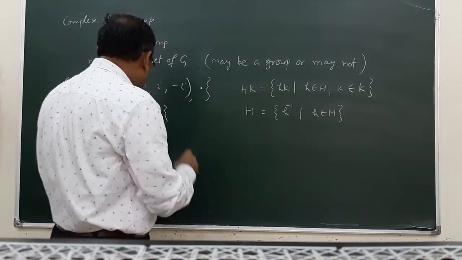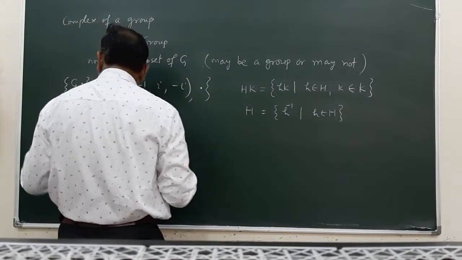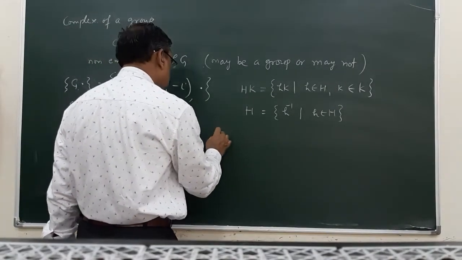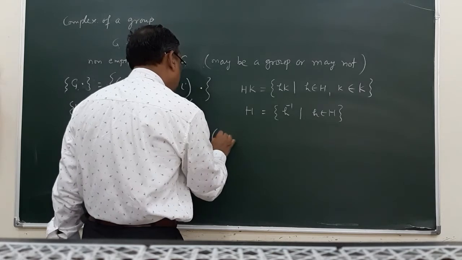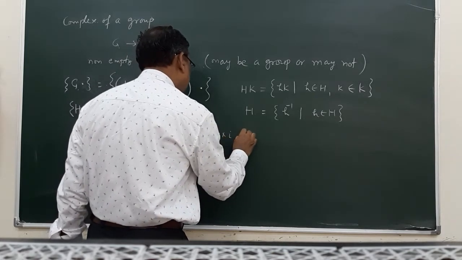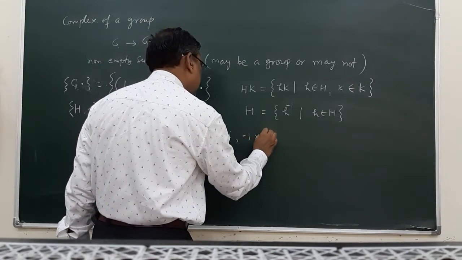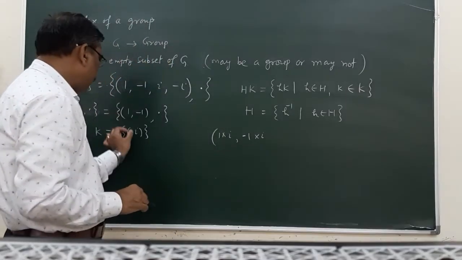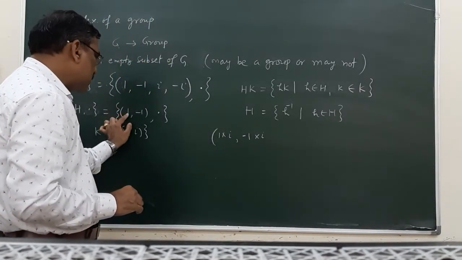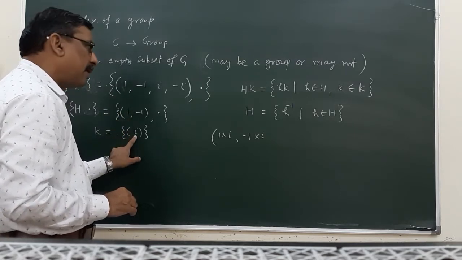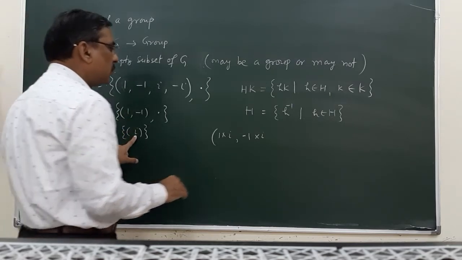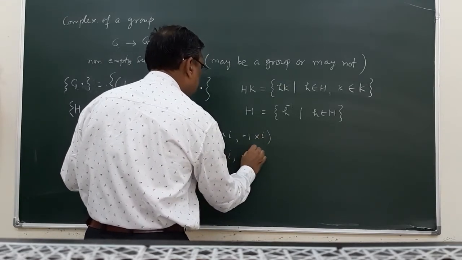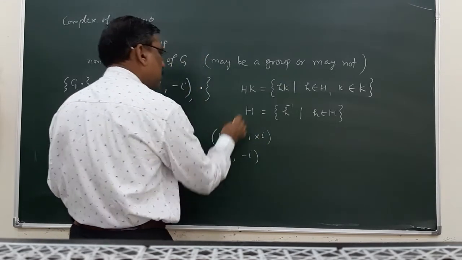What is HK for this? H is this one and K is this one. What is HK? So HK is 1 into iota and minus 1 into iota, first element from this and second element from this. So this will be equal to iota and minus iota is HK.